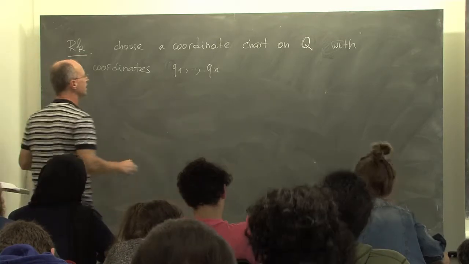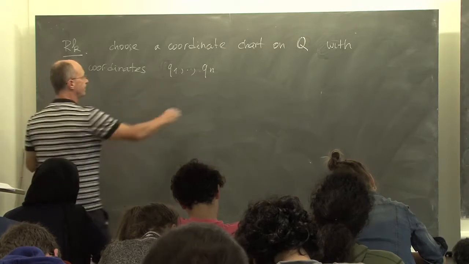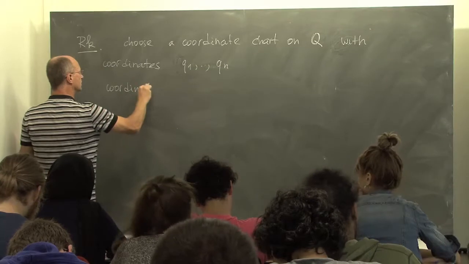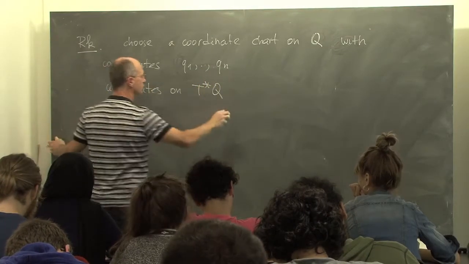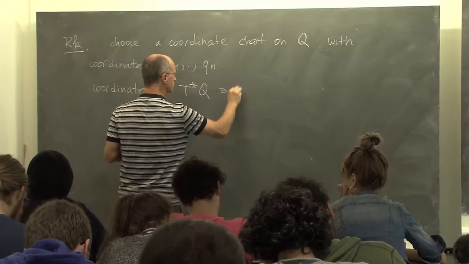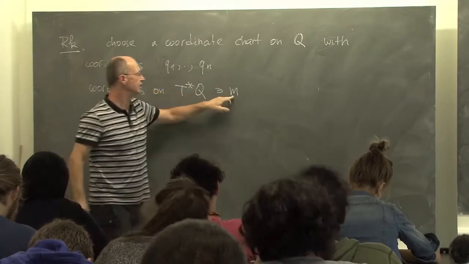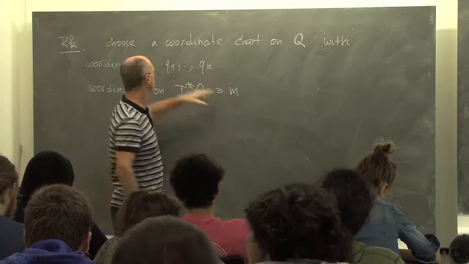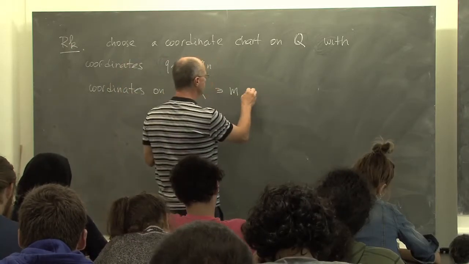So then we can introduce the corresponding coordinate chart on T star Q. So if we have a point here, right, it's what? It's a cotangent vector to Q. And a cotangent vector, what is it?